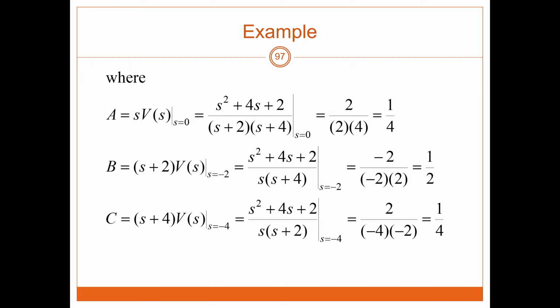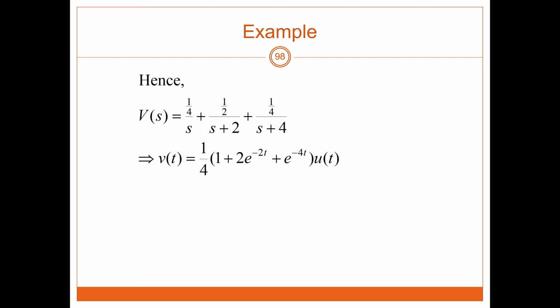Substitute s equal to 0 and find A, B, and C. Now we have 1 over 4 divided by s, 1 over 2 divided by s plus 2, and 1 over 4 divided by s plus 4. So A, B, and C.